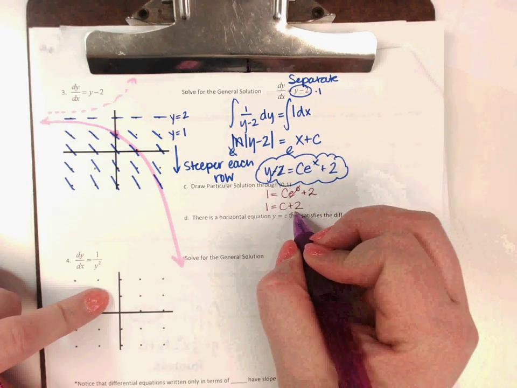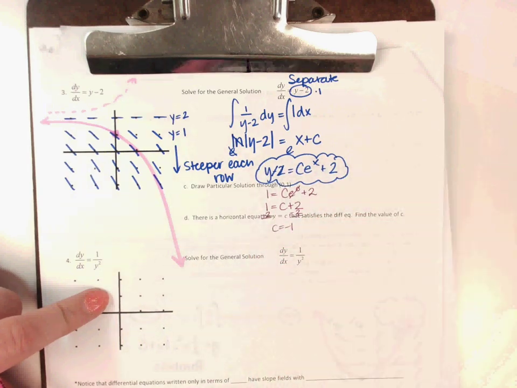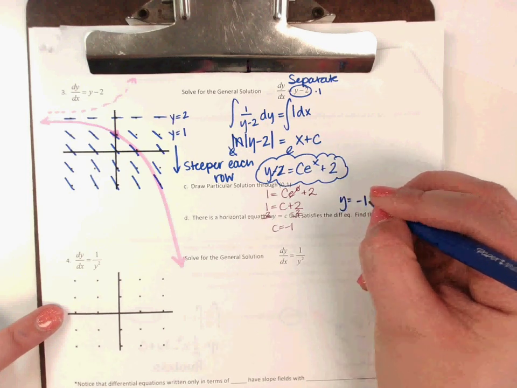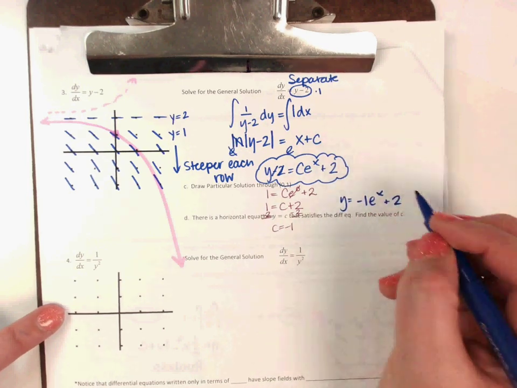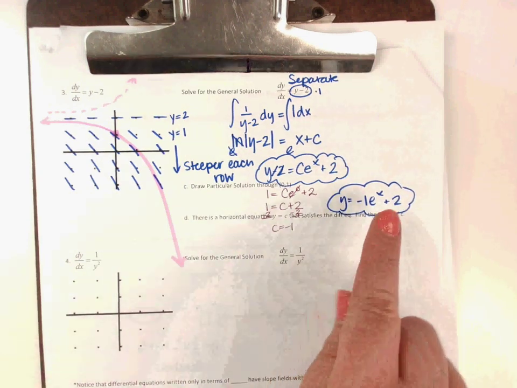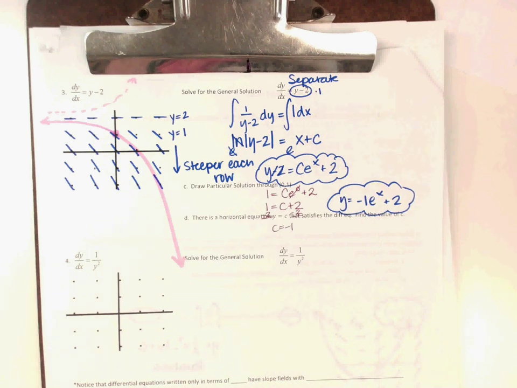I would minus 2, and c is negative 1, which means that my equation for my graph is y equals negative 1 e to the x plus 2. And so what you said, Alina, is exactly right, that because I have this negative, that's what tells me that I took my exponential growth graph, I shifted it up 2, and then I reflected it upside down. Does that make sense?